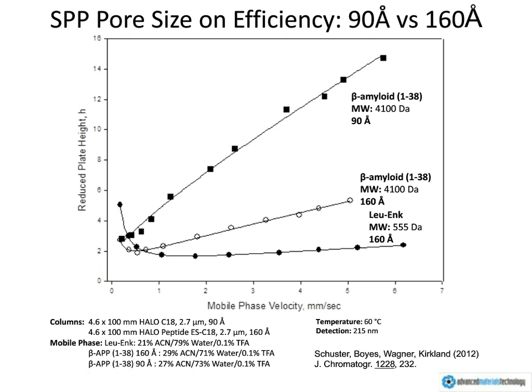And you can see by matching the correct pore size to molecular weight relationship, we get a considerable improvement in column efficiency and therefore the ability to resolve samples. In this case, nearly 200% lower plate height, that is improved efficiency, with the appropriate particle or pore size.